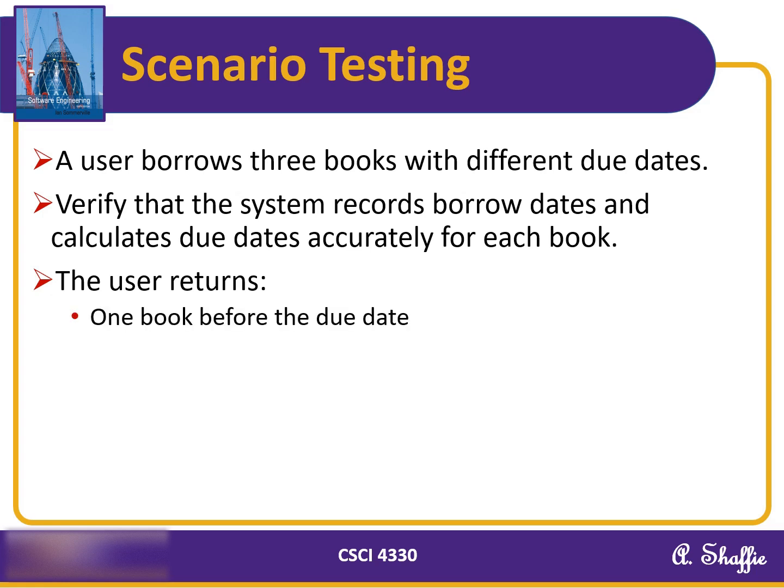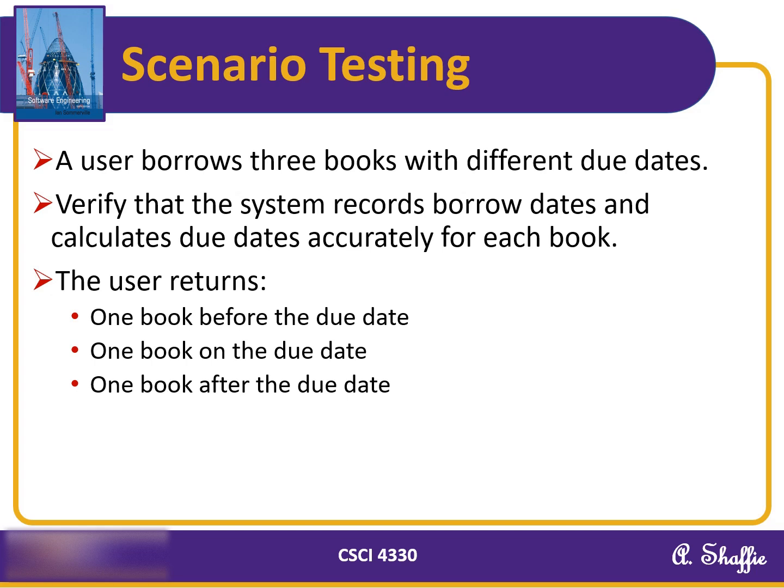One book before the due date, here we confirm no notification or fines are issued. One book on the due date, again, we check that no notification or fines are triggered. One book after the due date, we verify that the system sends an overdue notification and applies the appropriate fine.